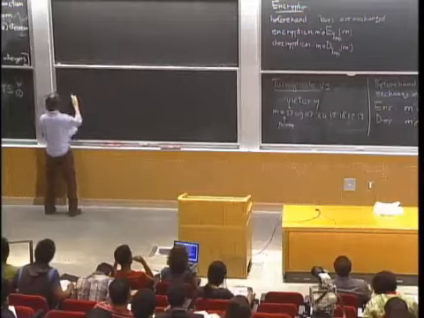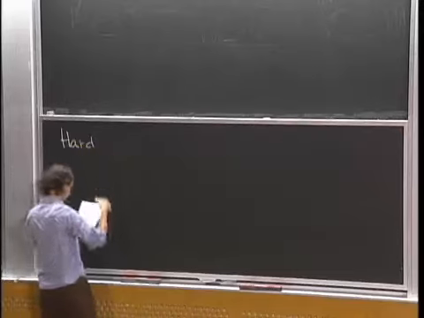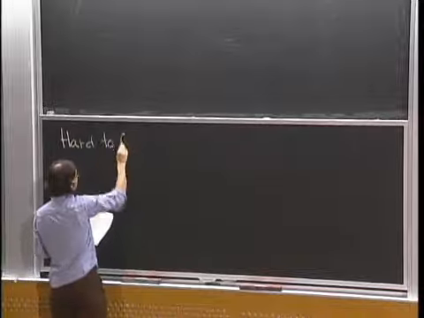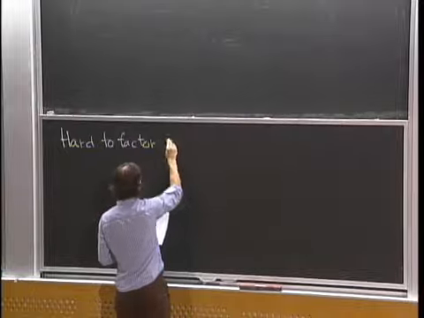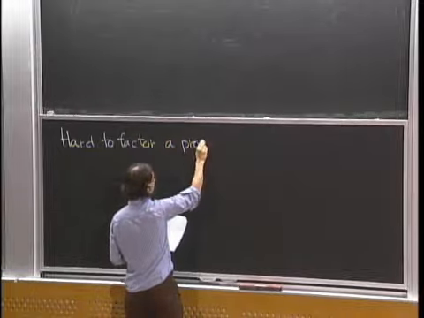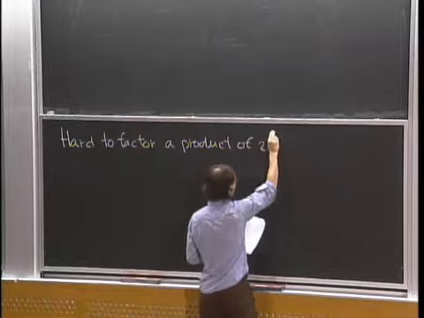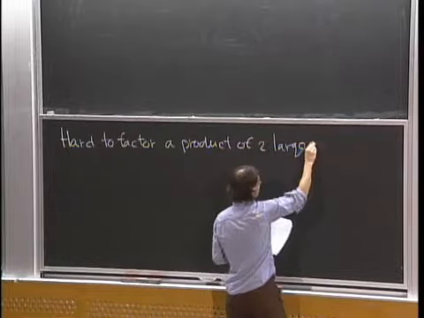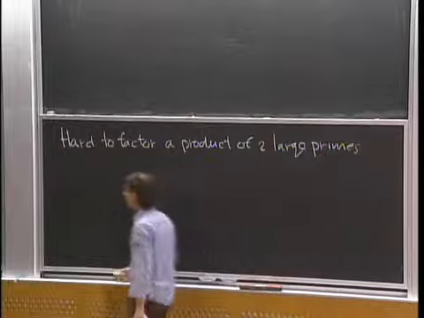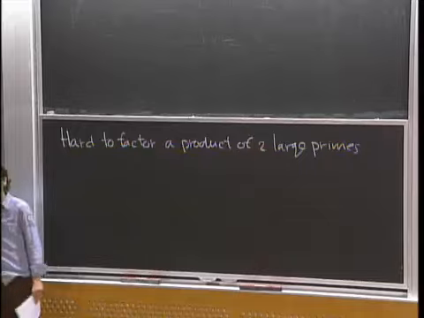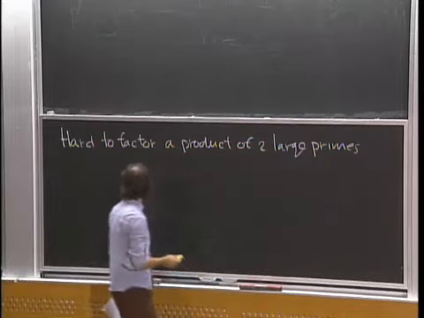So let me write it down. It's hard to factor a product of two large primes. We will actually need this also when we come to the final encryption scheme, RSA, that we will discuss, which is widely used.